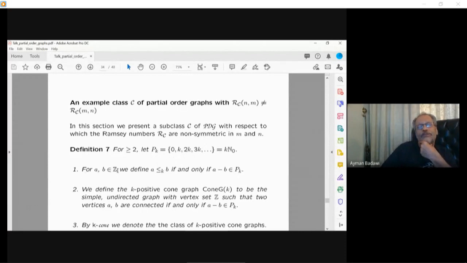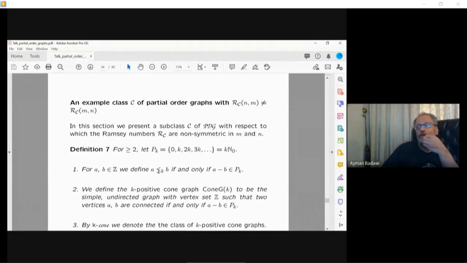After that, we can define a partial order on Z, where A is less or equal to B if and only if A minus B is in this set. So two elements in Z are connected by an edge if A minus B is in this set.